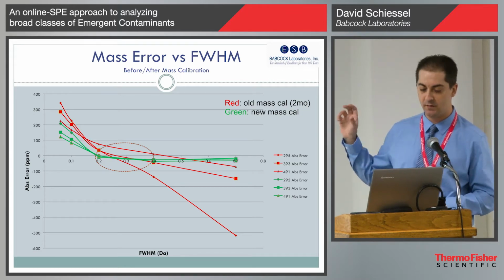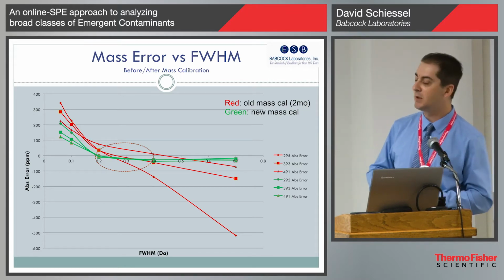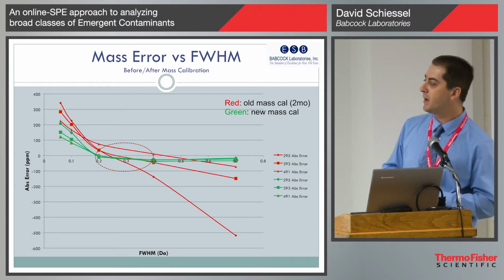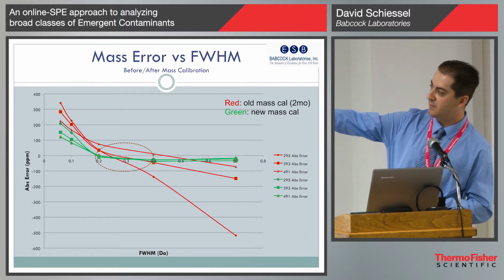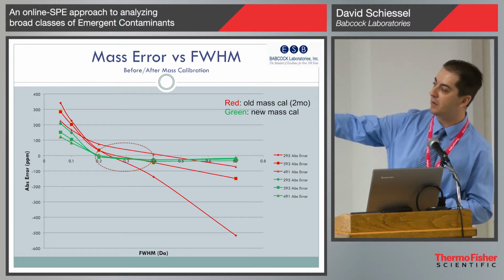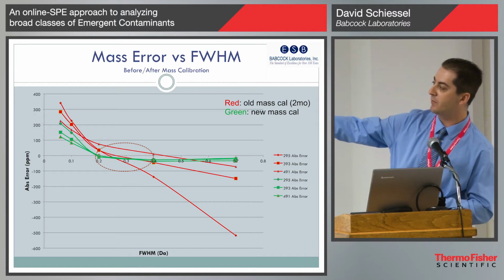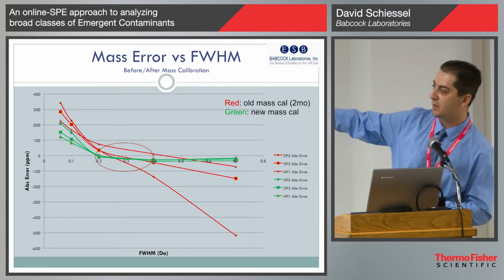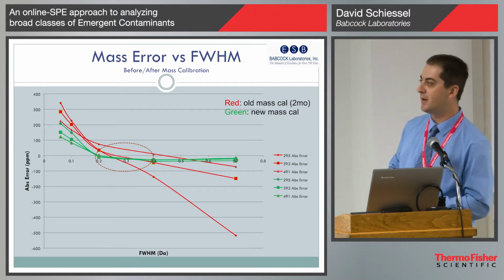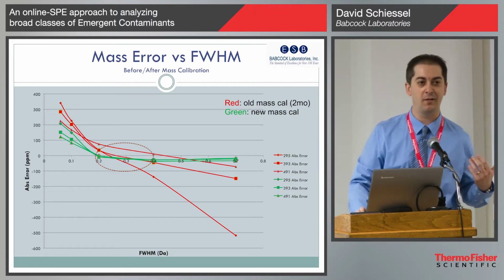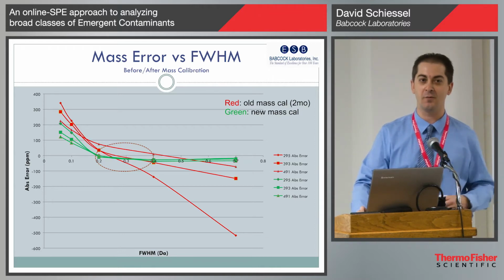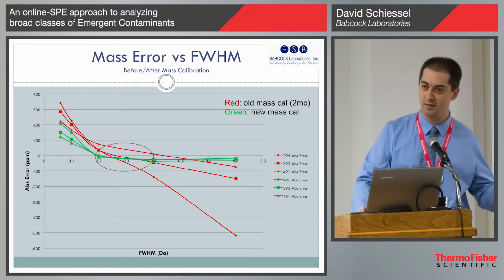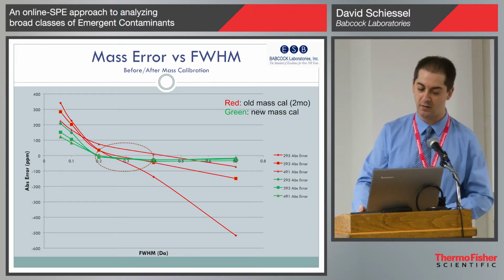This is three ions of a phosphoric acid cluster, and you can see that the green bars for the three masses still have pretty high error at the low full width half maximum, but once you get to 0.2, 0.3, 0.4, 0.5, it's all less than 50 ppm. You might think, you're not doing high-res work, why do you care about this? Well, it's because we're lowering our full width half maximum so that we can discriminate from matrix background.